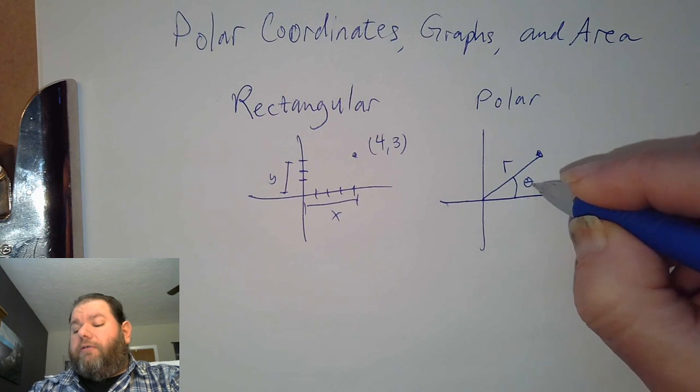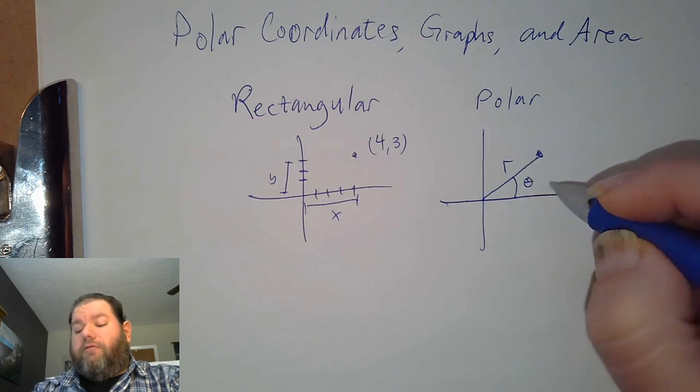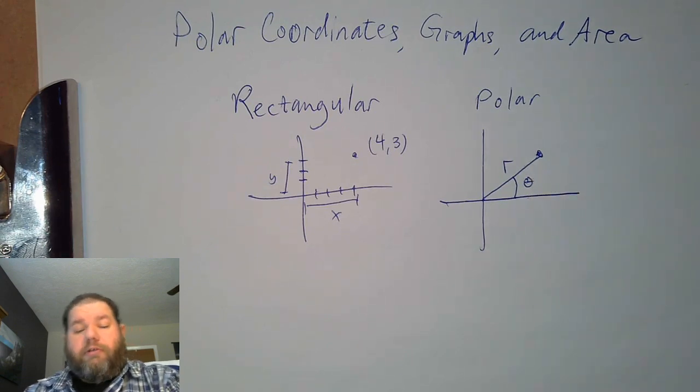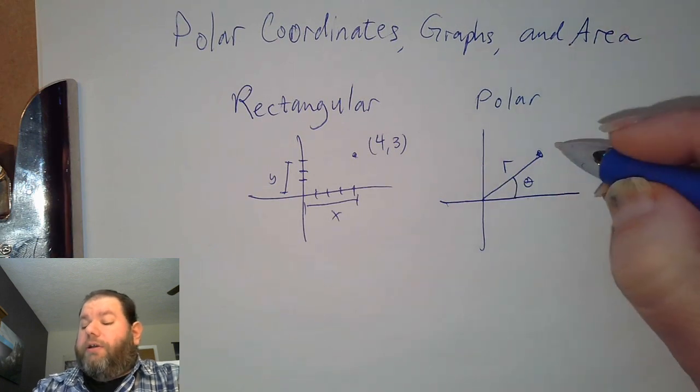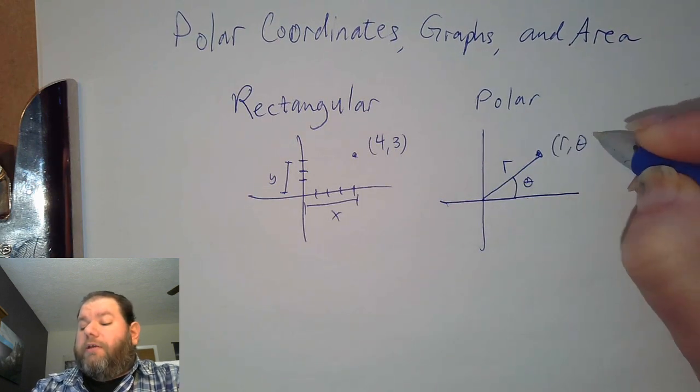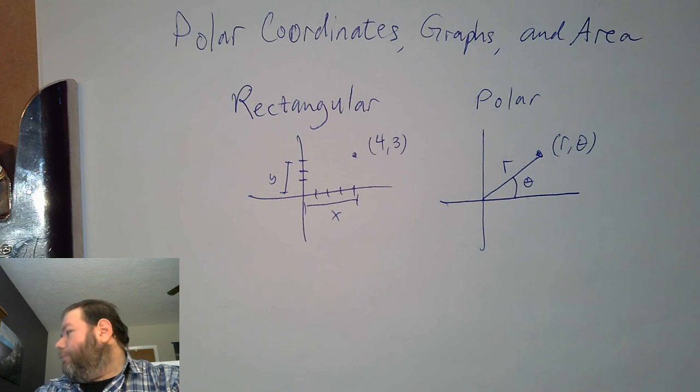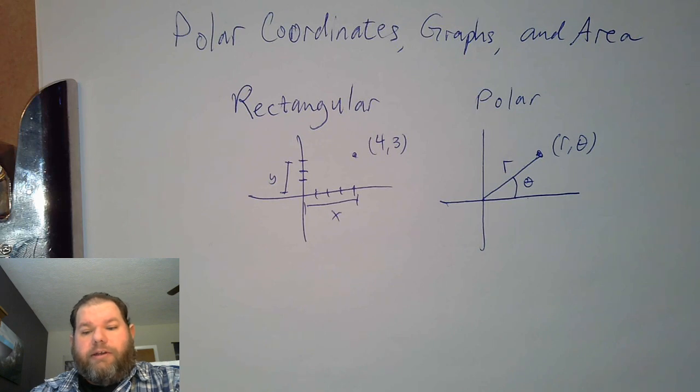We'll use the angle theta to describe the location of this coordinate, which will be r comma theta. So we're actually talking about the exact same point on the plane, but we're looking at two entirely different methods for identifying that point.